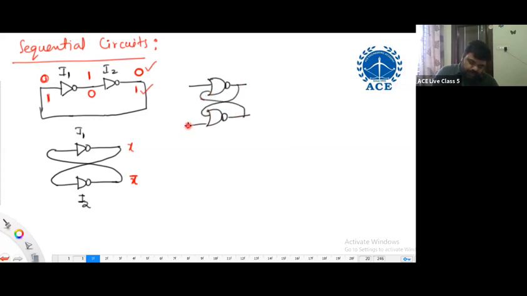I'm using NOR gate. Here we have inputs A, B, and here outputs X and Y. So what we are observing here, this can also work as a memory element conditionally. What is that condition? Let us see. For each and every input condition, let us see what is the functionality of this memory element. First of all, what functions are you expecting from a memory element?